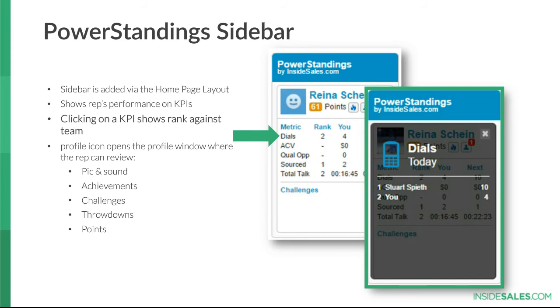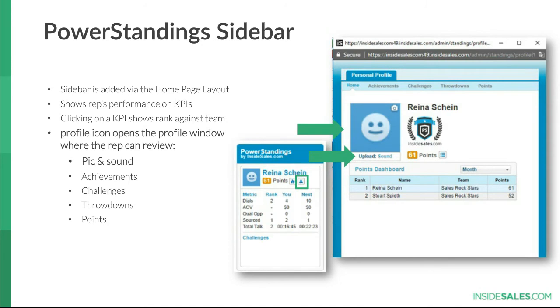Okay, moving on. They can then click on this person icon or profile icon on the sidebar. That's going to open up the Powerstandings profile window. From there, the rep is going to have a lot of things at their fingertips. First off, they can upload their picture and their sound. I'm going to show you how to do that a little bit later. They can click on these other tabs.